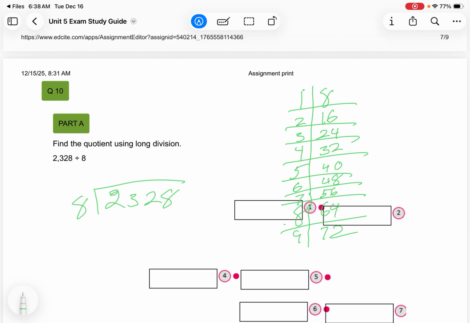Well, closest we can get to 23 without going over is 16. And so that number came from 2.